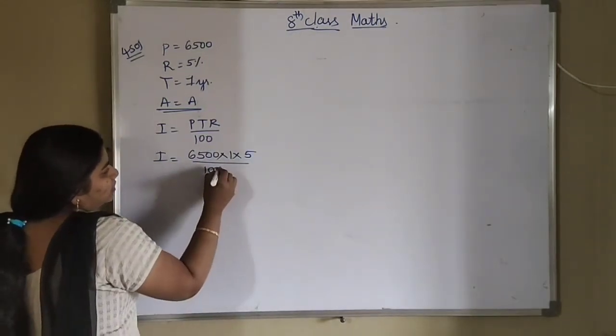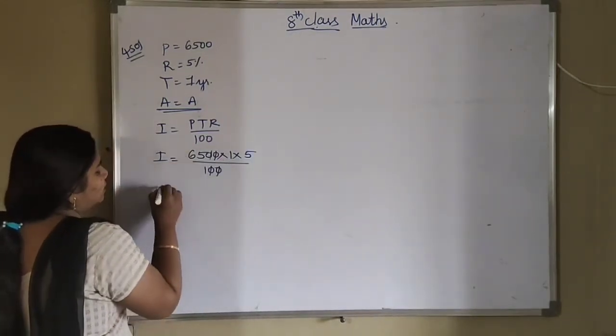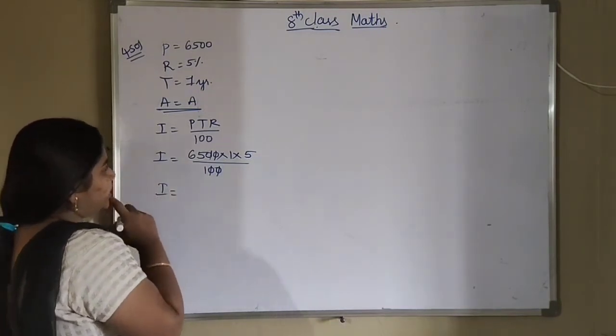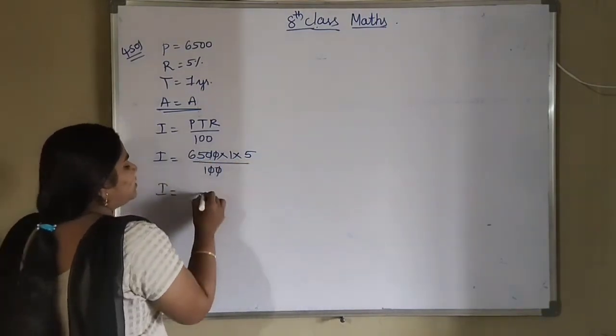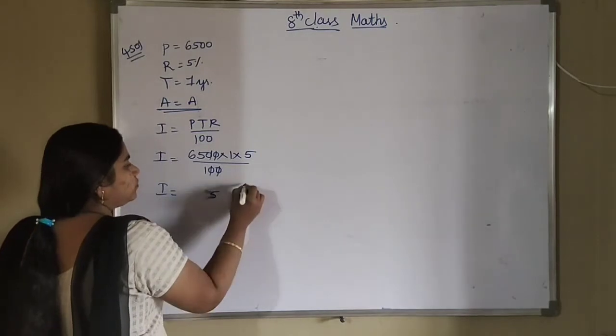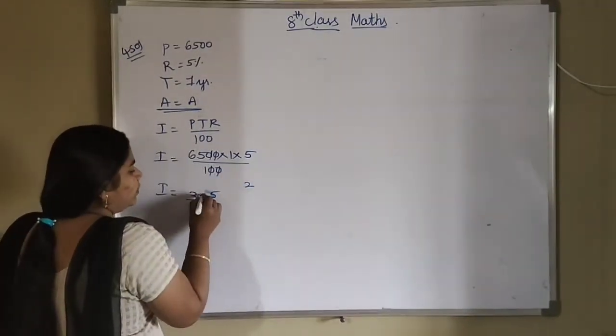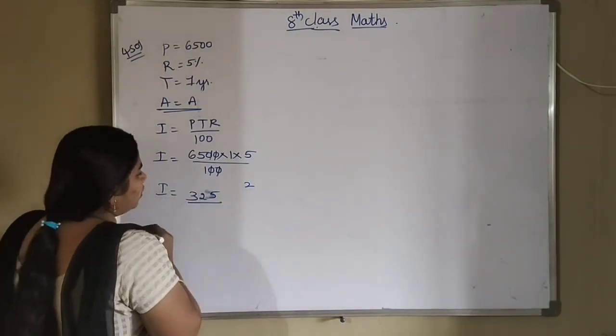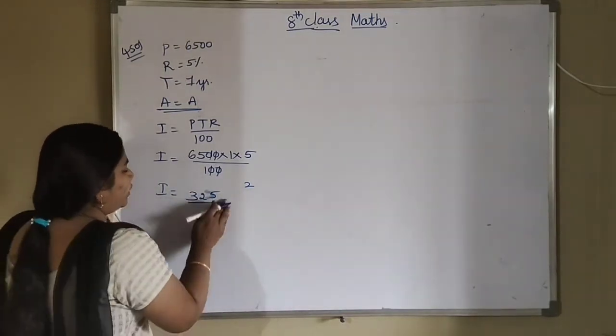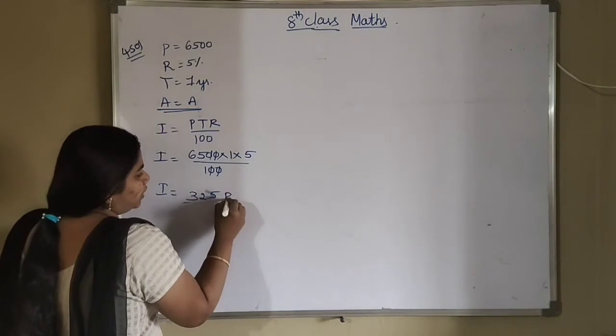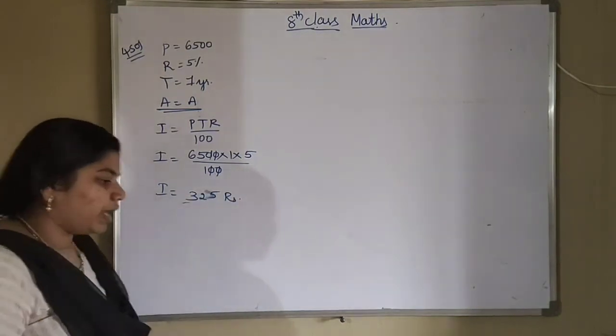Now cancel the zeros. So I is equals to 65 into 5. 5 5s are 25, 6 5s are 30, 32. So it will be 325 rupees. So the interest value you got is 325 rupees.